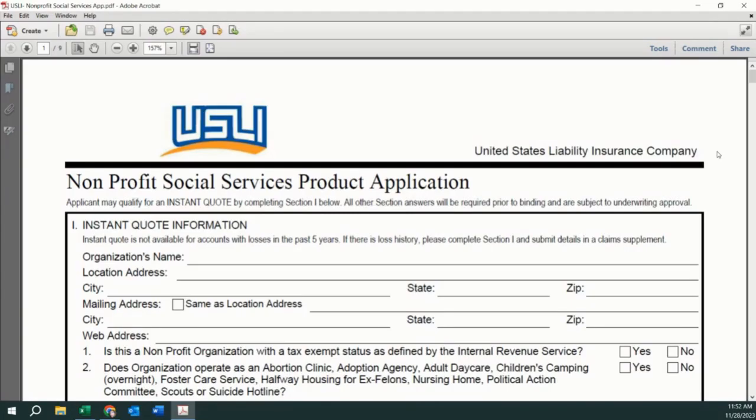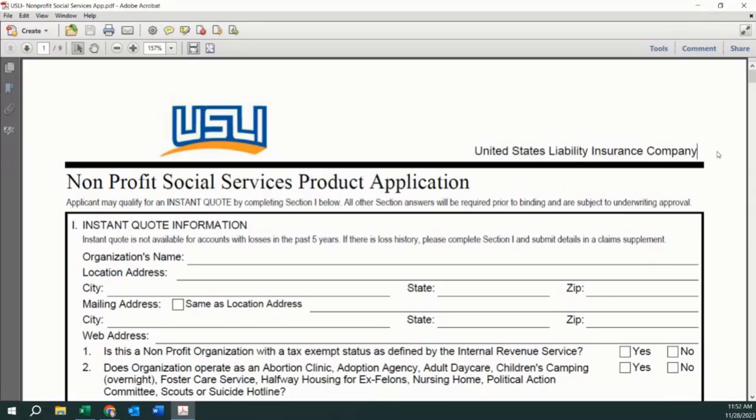And this company does offer coverage in all 50 states, unlike that last one that I just showed you. So they do Alabama and the other states. I would just recommend, if you work with a broker, that you ask for United States Liability Insurance Company, or if you're in one of those other 32 states and you want to get a price comparison, then you can always get a comparison that way.